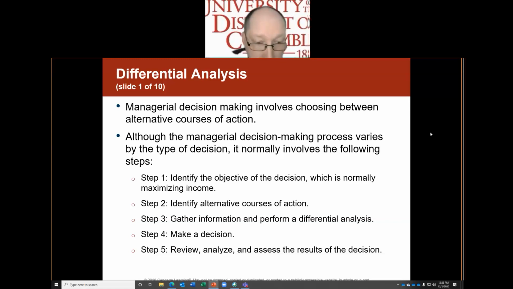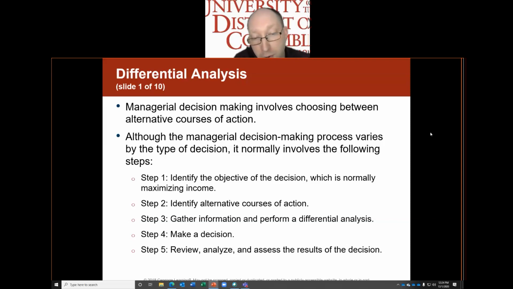Step three, gather all the information and perform a differential analysis. The differential analysis, again, is which one is going to maximize my income, possibly. So you look at those alternative courses, you want to look at each one and then analyze each one to figure out which one of those is going to maximize your income. That's step three. Step four is make a decision.